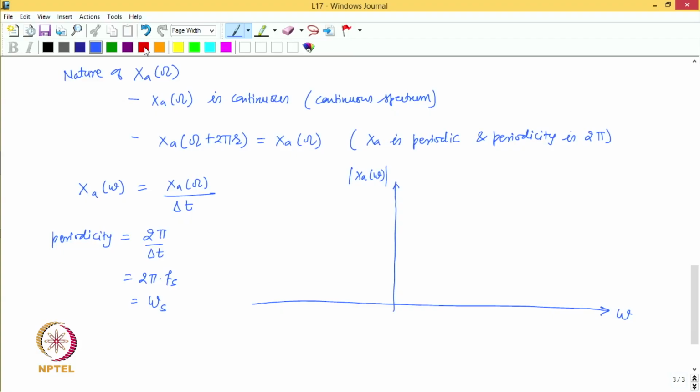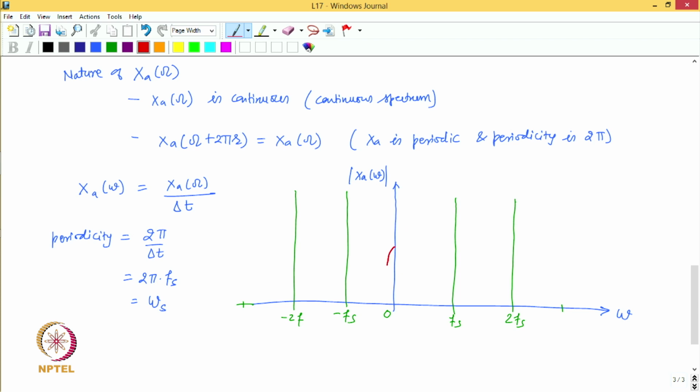So let us mark that first. Let us say this is 0, then this is Fs, and this is 2Fs, and on this side we have minus Fs, then minus 2Fs, and so on. Now how is the spectrum going to look?